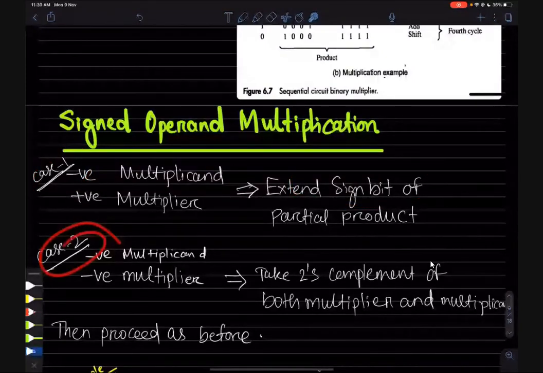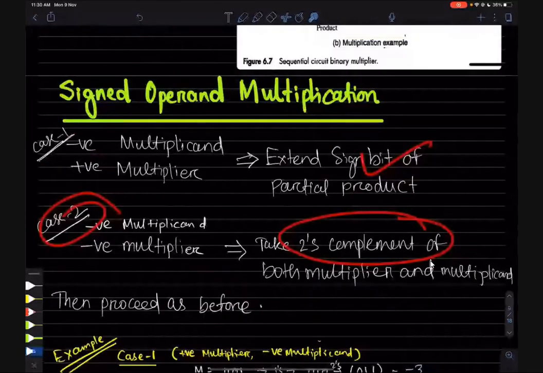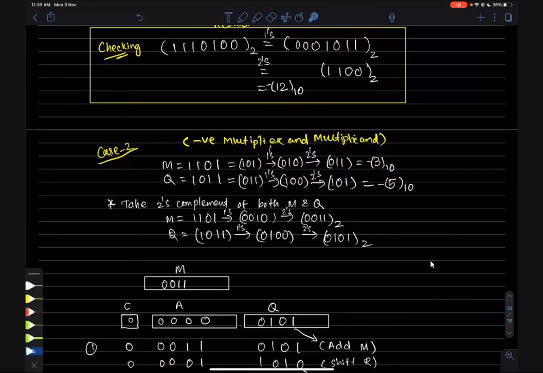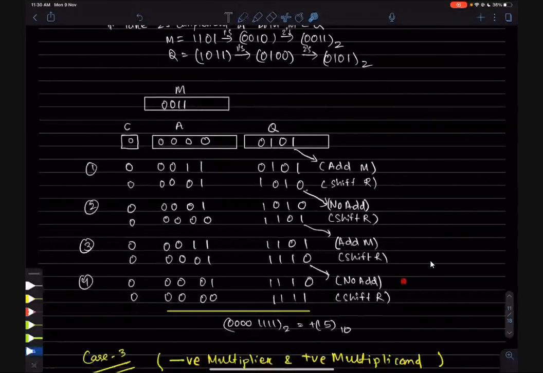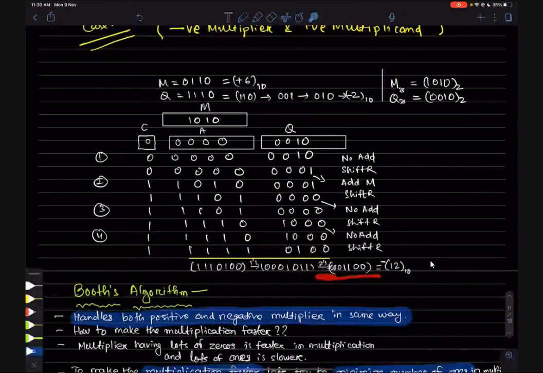In case 2 we are using the 2's complement method, but in case 3 we will use both sign extension and 2's complement. Then at the end, whatever result you get, take the 2's complement, and you will get your multiplication result.